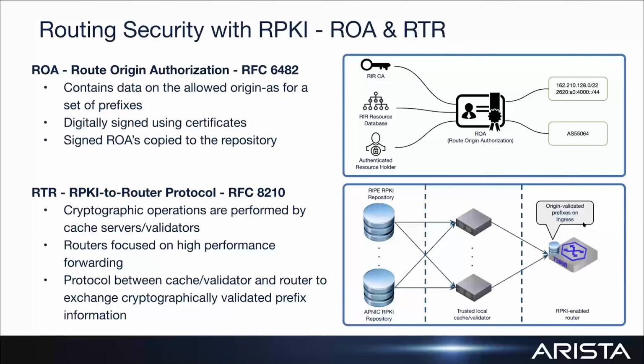But let's talk a bit about the terminology inside of RPKI. RPKI needs so-called ROAs, Route Origin Authorizations, which is a data set of prefixes, AS numbers, and a so-called max prefix length, in conjunction with an authentication which comes from the Regional Internet Registry CA, a match in the RIR resource database, and the resource holder creating this ROA and therefore authenticating it.